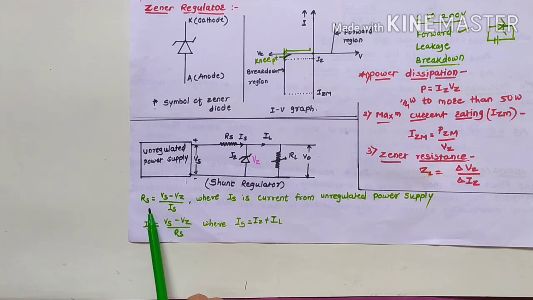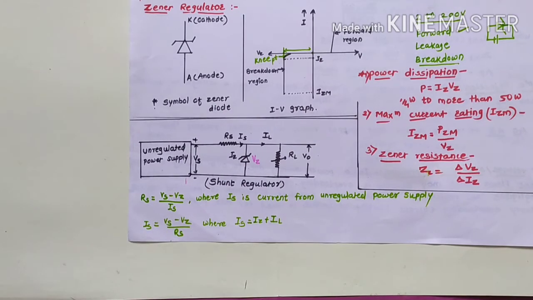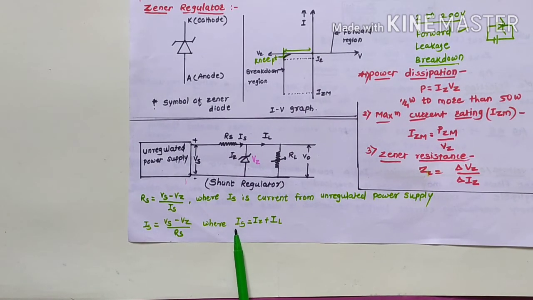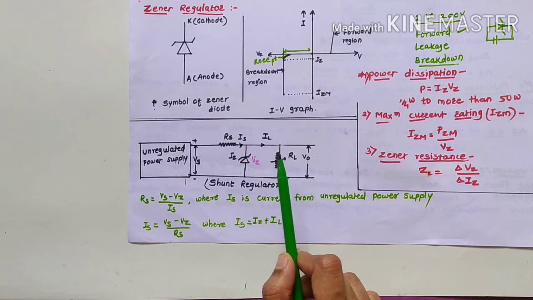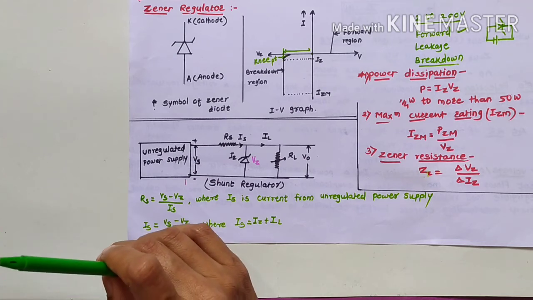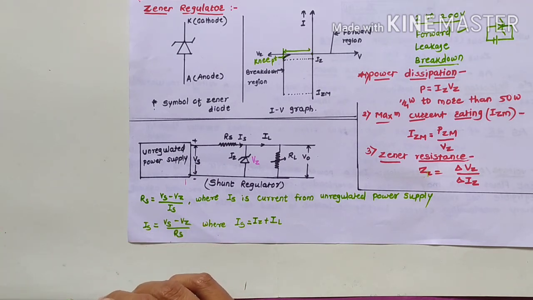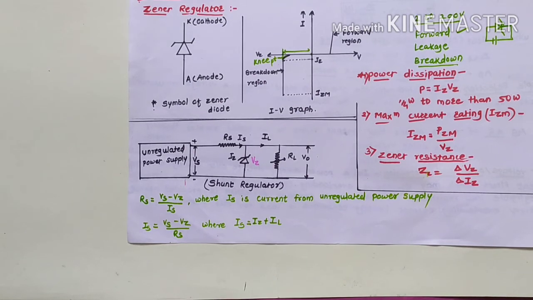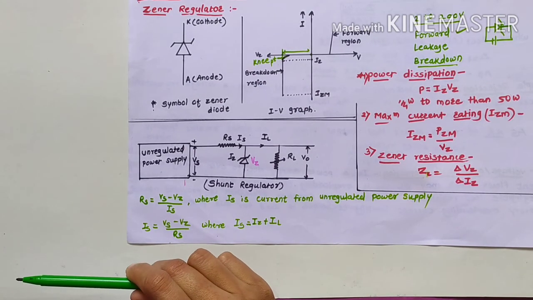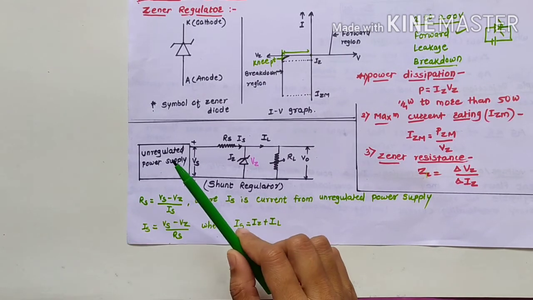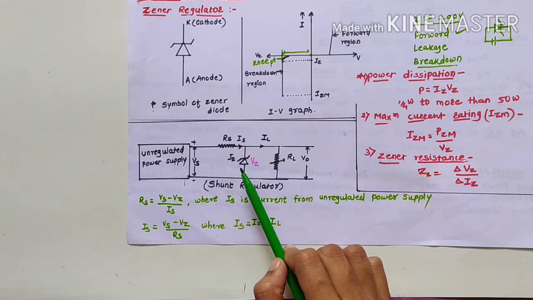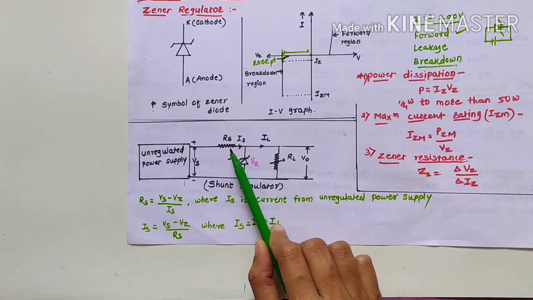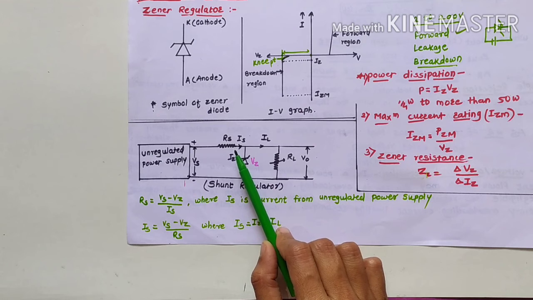Only rearranging the equation, where Is is equal to Iz plus IL. Is that clear? So the effect of supply voltage variation is as follows: if there is an increase in the current, therefore there is an increase in the voltage across this source resistance.